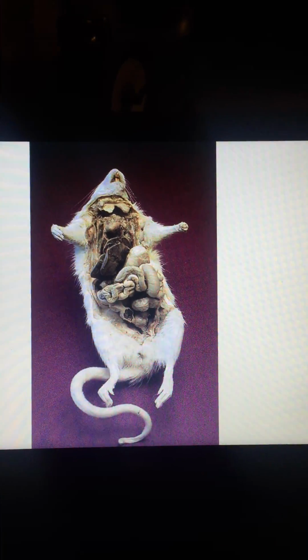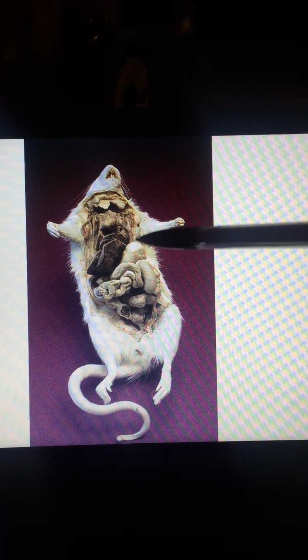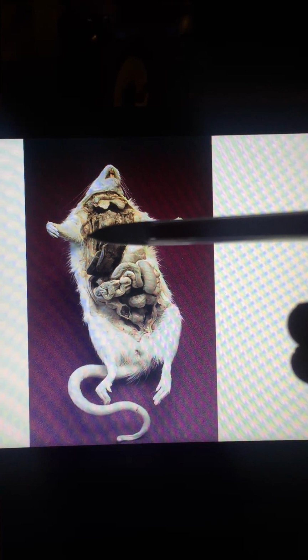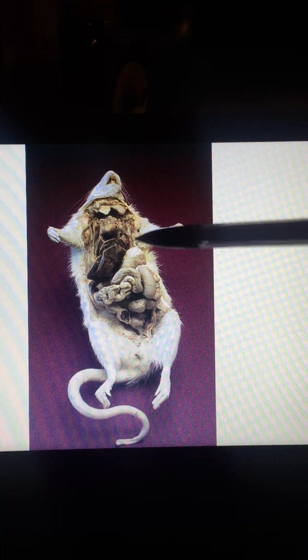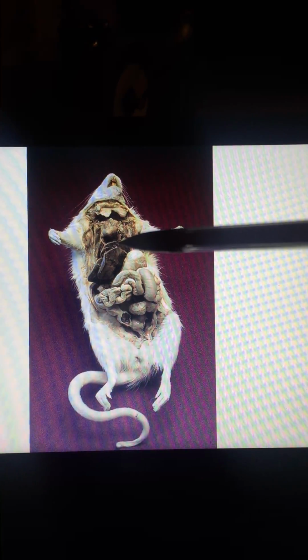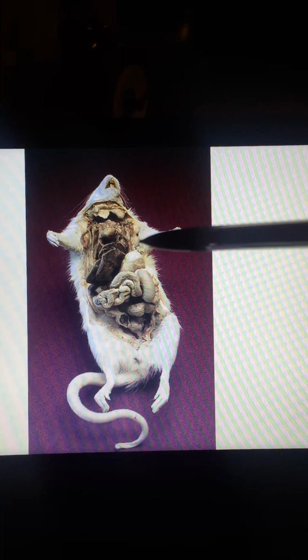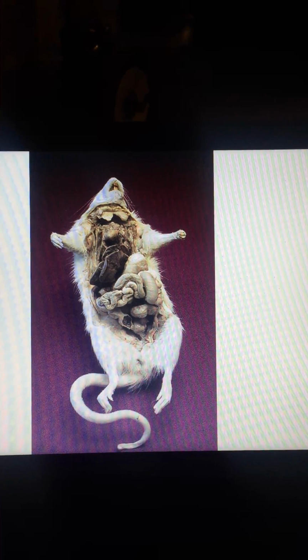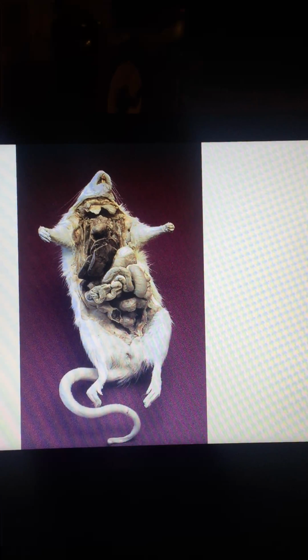Now to find the diaphragm, it's hard to see in this picture, so listen to my description here. Right here, it's going to be right above the liver. Right below the lungs and the heart is a thin flap of muscular tissue. Notice it's almost like the armpits of the rat. That thin flap of muscular tissue is called the diaphragm, and the job of the diaphragm is to help the lungs fill with air.